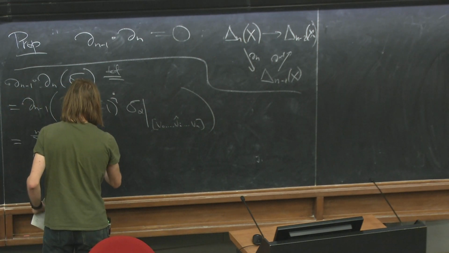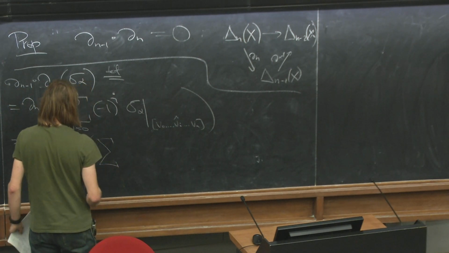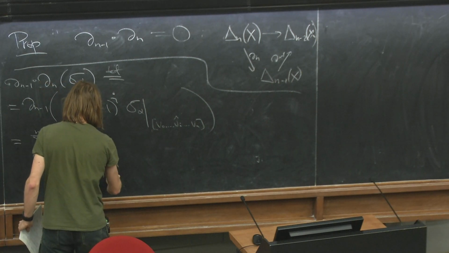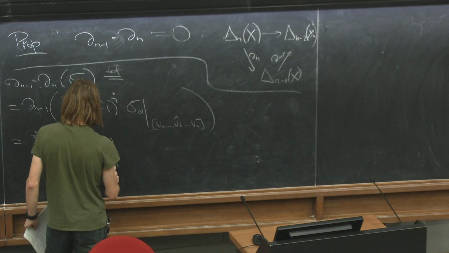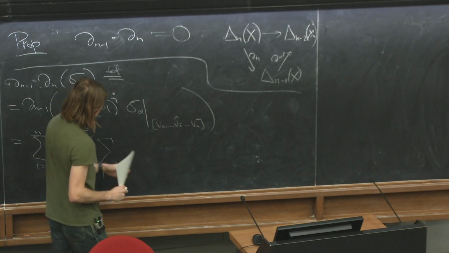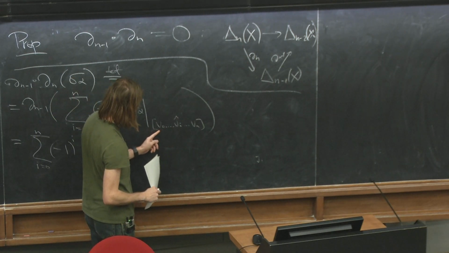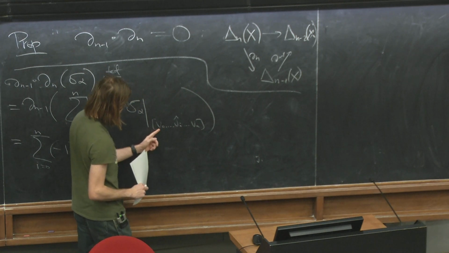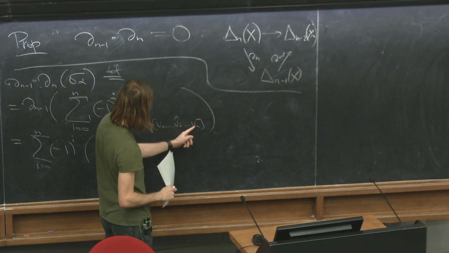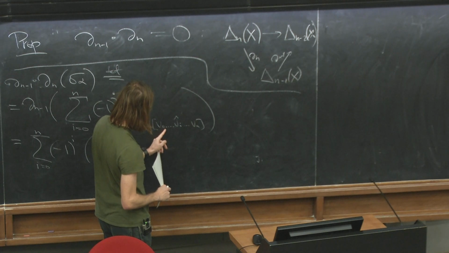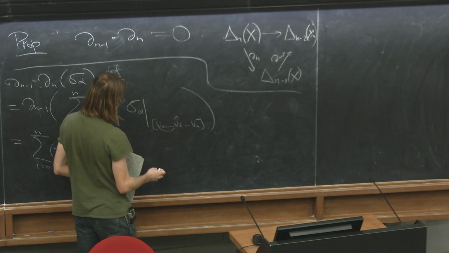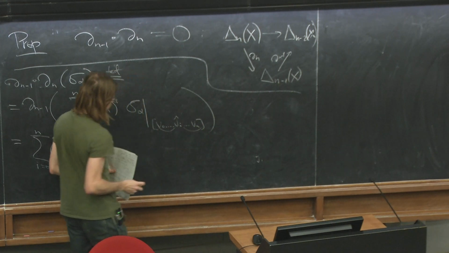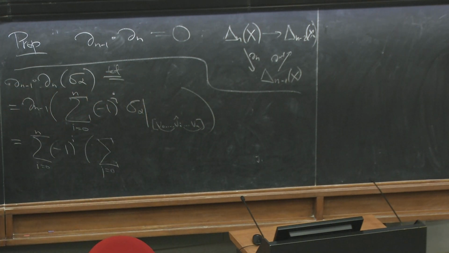And this will give us, by the definition of the boundary homomorphism, another sum. The sum essentially will be over the vertices which we remove here, and it will split into two parts: the first part where we remove one of the vertices here, and the second part where we remove one of the vertices here.